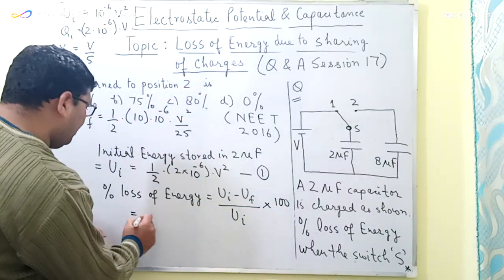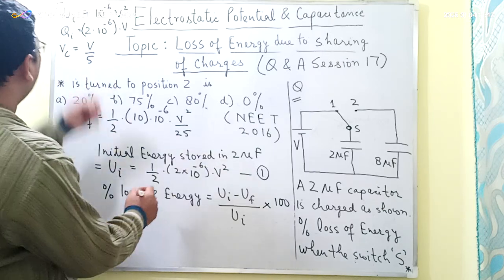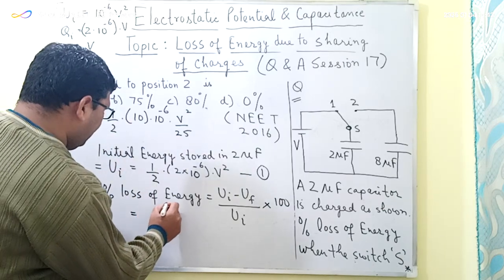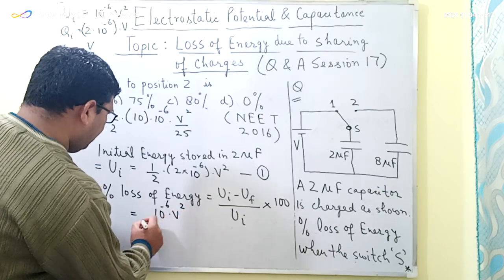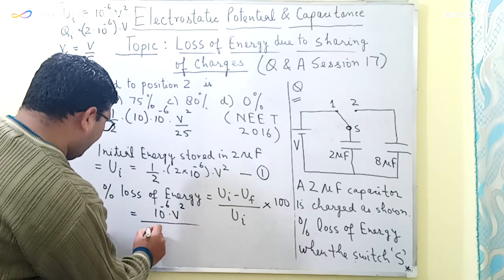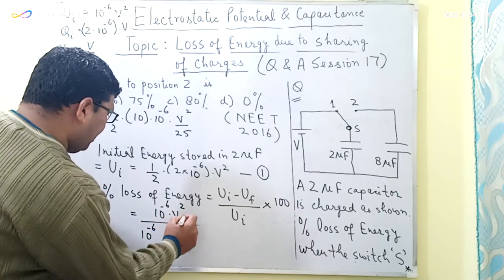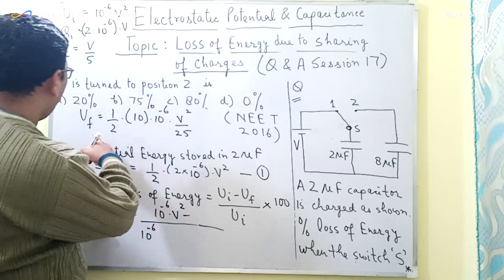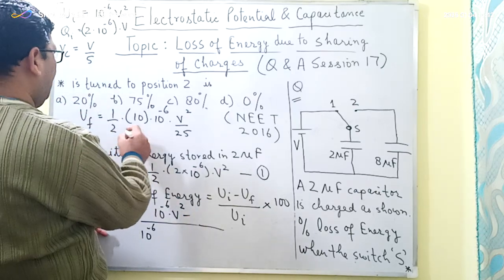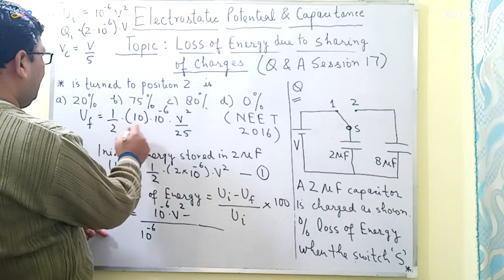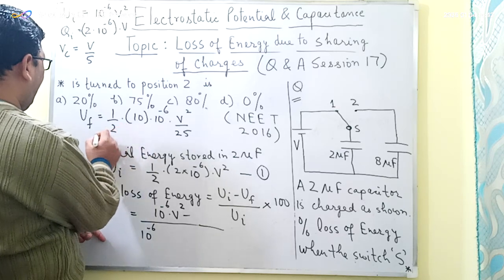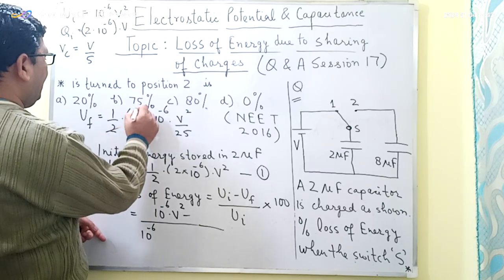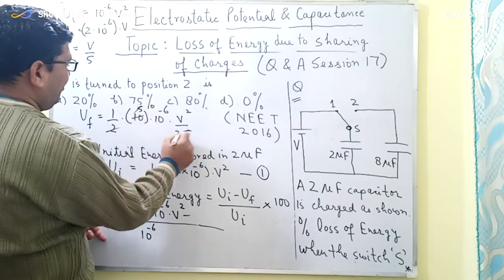So this is equal to, now Ui was equal to 10 to the power minus 6 V square, minus Uf. Uf is equal to, from here I can just simply find the value. This will get cancelled out, 5, and this will get 5.